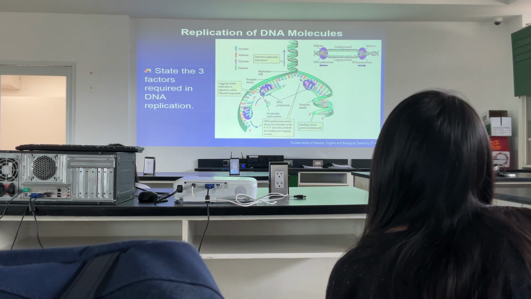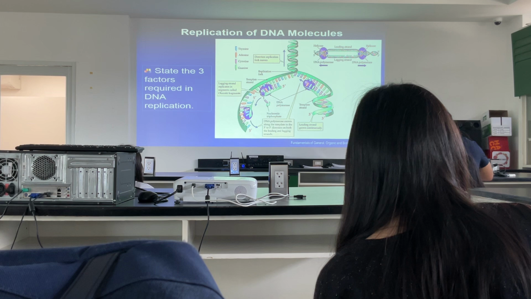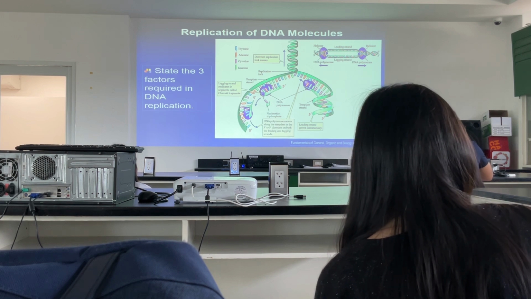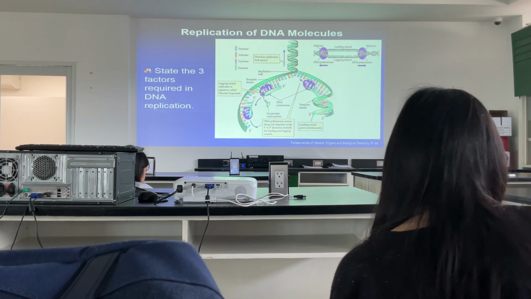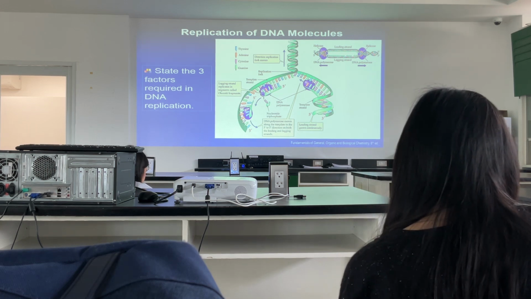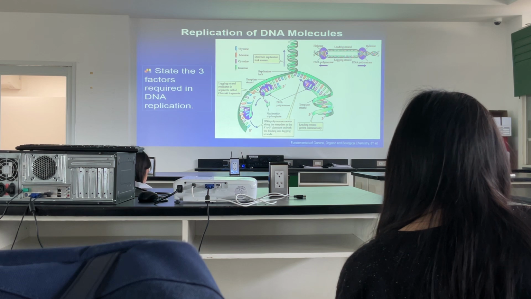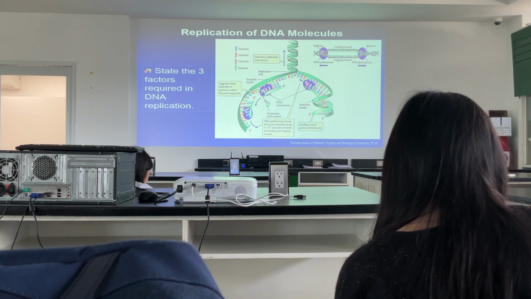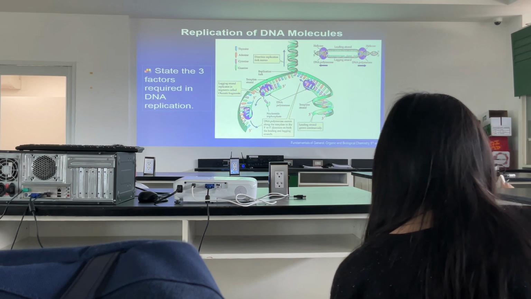These fragments need to be connected to one another, and the enzyme doing that is DNA ligase. So you now have five enzymes: DNA polymerase, primase, topoisomerase, helicase, and DNA ligase. That's the first set of factors.